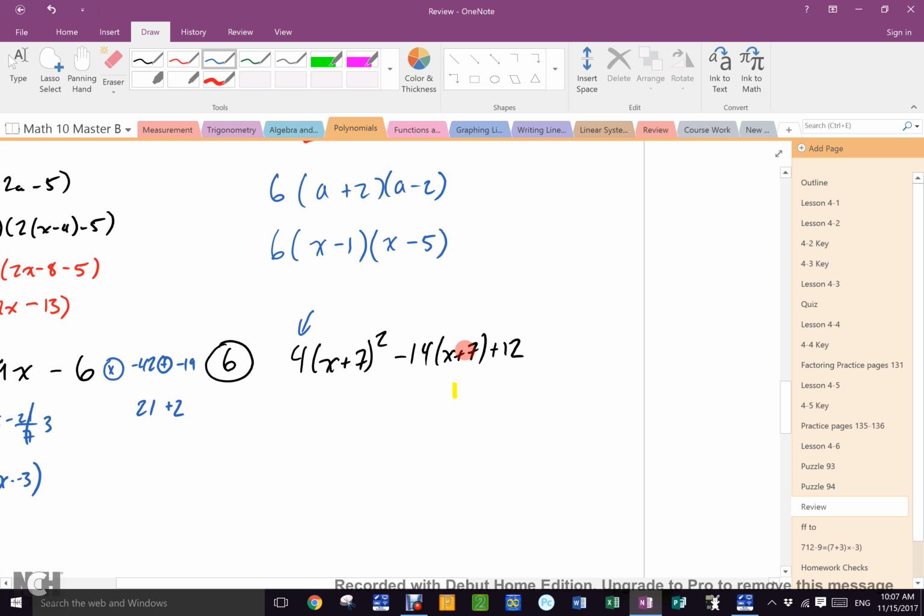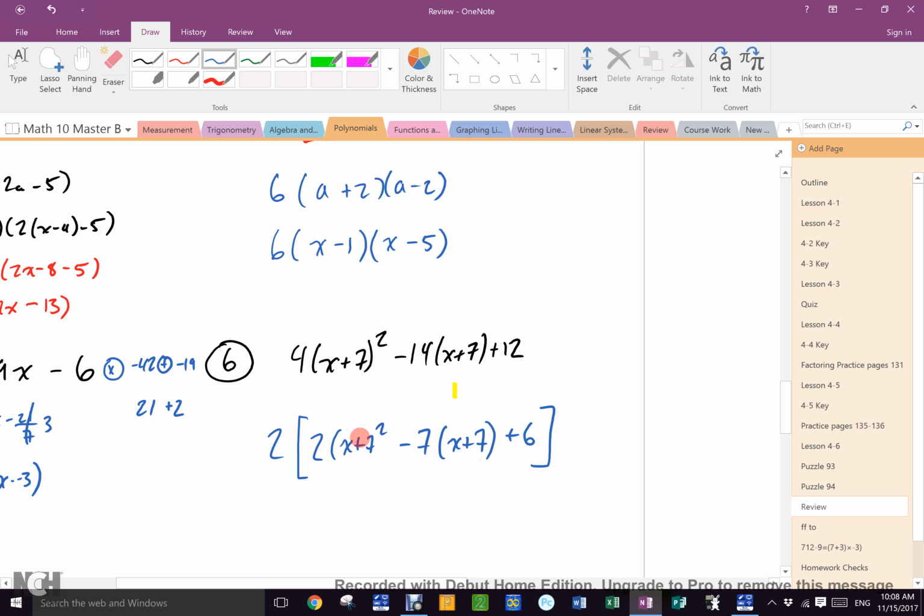Holy crap, it's got everything, doesn't it? So where should we start? Okay, what's the GCF? 2. So 2 comes out. Then inside I've got 2 times (x plus 7) squared minus 7 times (x plus 7) plus 6. Right?